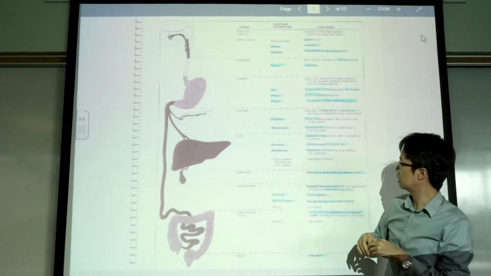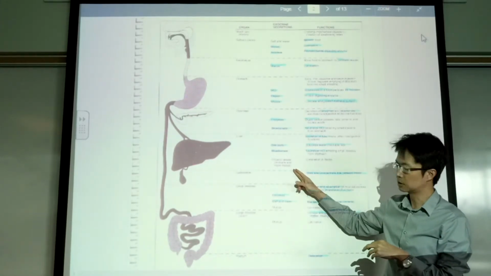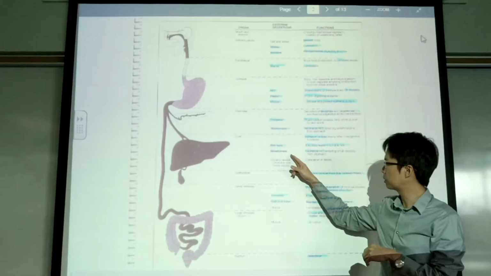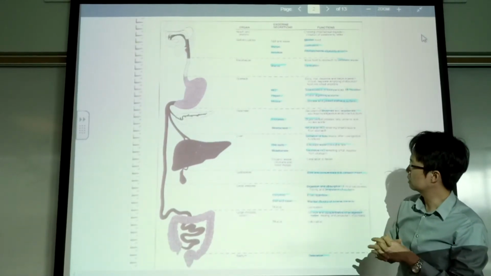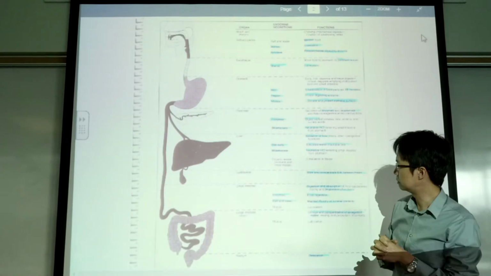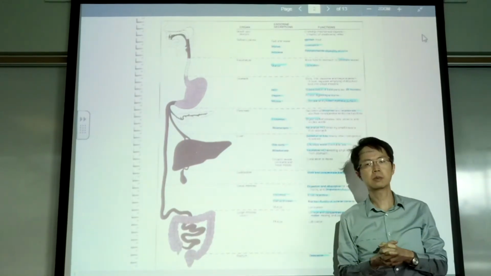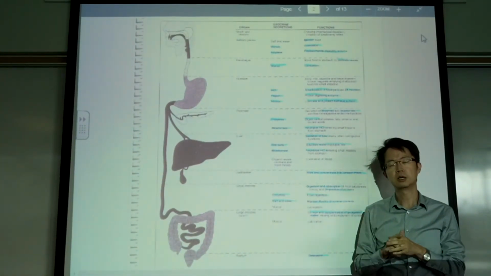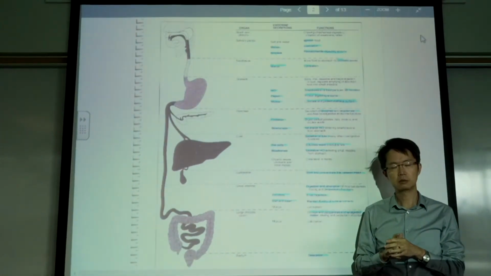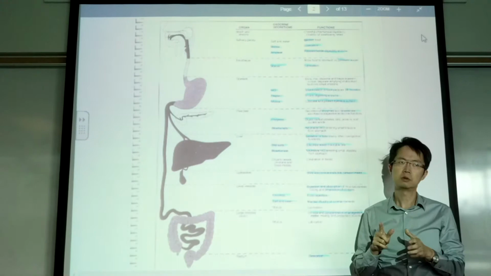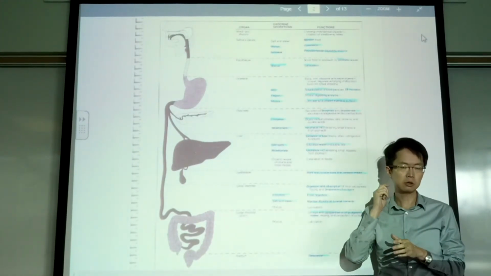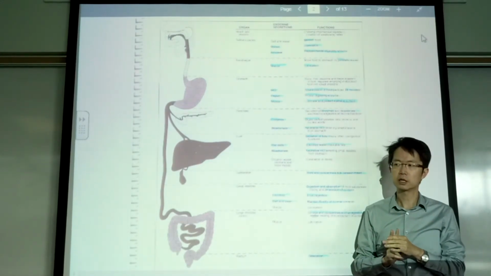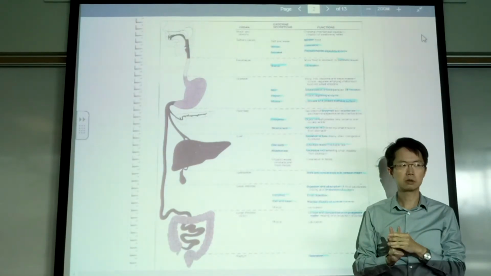Liver also produces bicarbonate ion. As we learned about the liver's function previously, the liver is for making glycogen from glucose, storing glycogen, breaking down old red blood cells, and then storing Fe2+ ion.